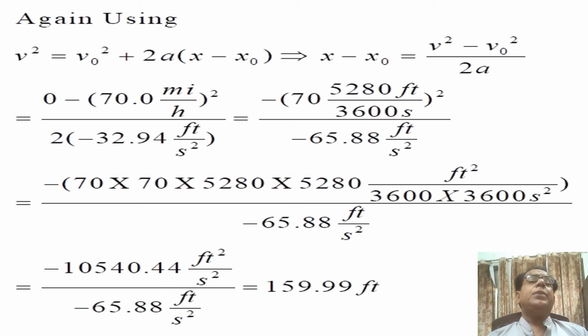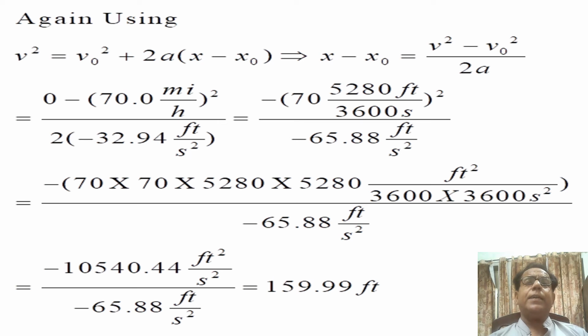Again, using the equation v squared equals v naught squared plus 2a(x minus x naught), this implies that x minus x naught is equal to v squared minus v naught squared over 2a. Putting the values here, final velocity is 0 while v naught is 70 miles per hour.